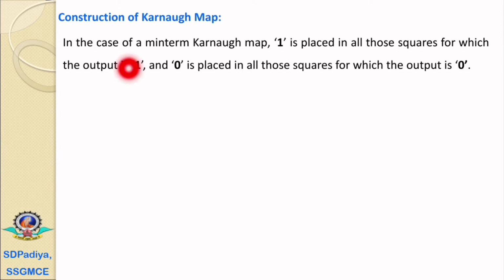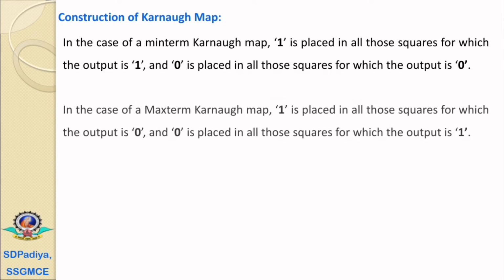Now, in the case of minterm in the Karnaugh map, 1 is placed in all those squares for which the output is 1, and 0 is placed in all those squares for which the output is 0. Means in the minterm we write down 1 if it is 1, and we write down 0 in the K-map if the value is 0.